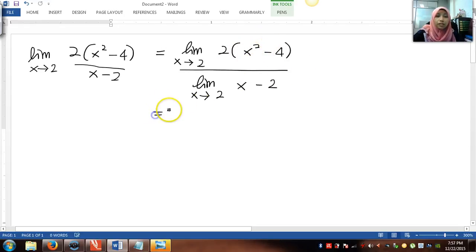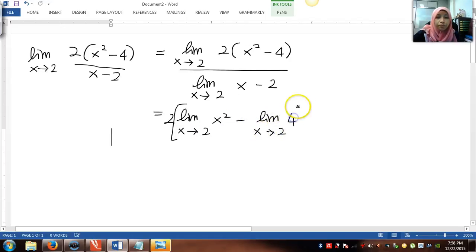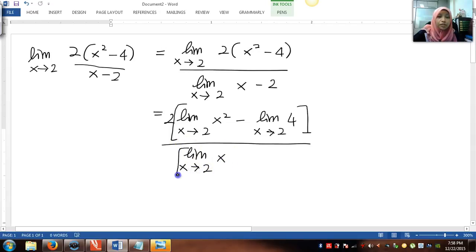Obviously we can move 2 outside the limit, and then this is a minus, so we can separate it. Then we get the limit as x approaches 2 of x squared minus the limit as x approaches 2 of 4, divided by the limit as x approaches 2 of x, minus the limit as x approaches 2 of 2. So we separate it there.